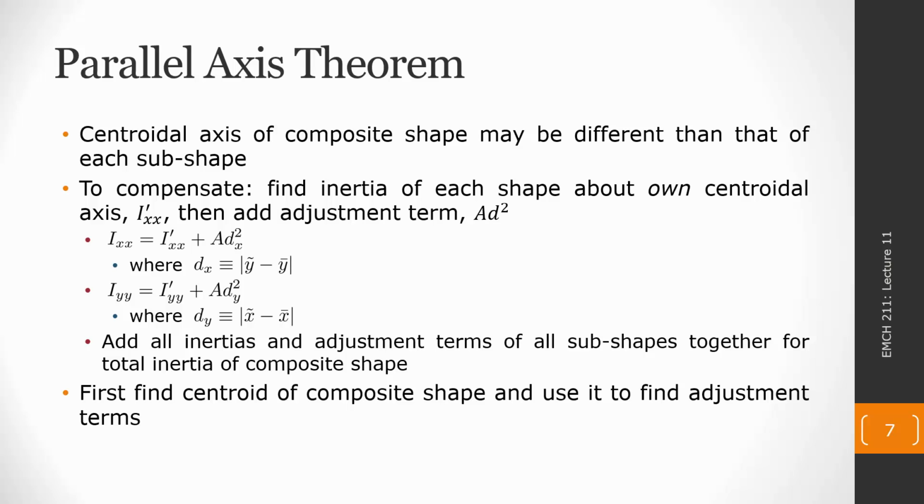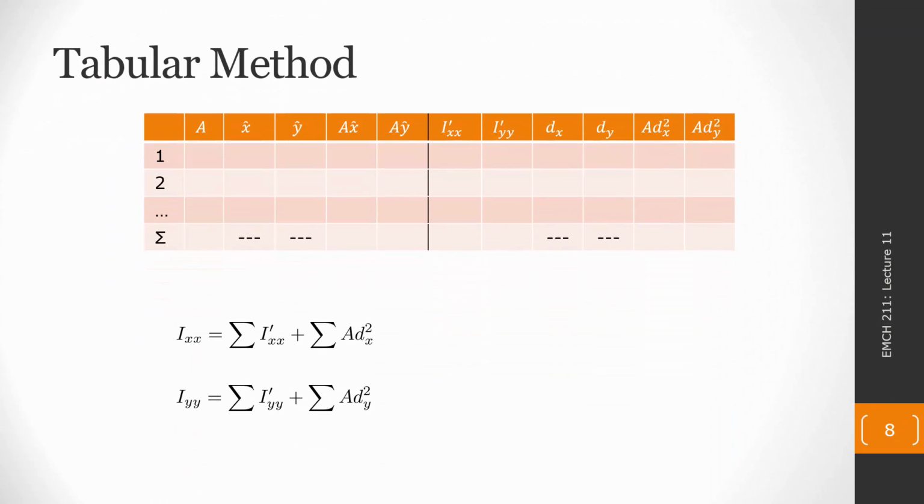So because we're starting with finding the centroid, we can actually expand upon the tabular method that we already looked at in that section when we were looking at the centroids. So we can start with the table that we're already familiar with here. We have already divided our total shape into these subshapes, 1, 2, 3, however many subshapes it took. So let's assume we have already found x bar and y bar.